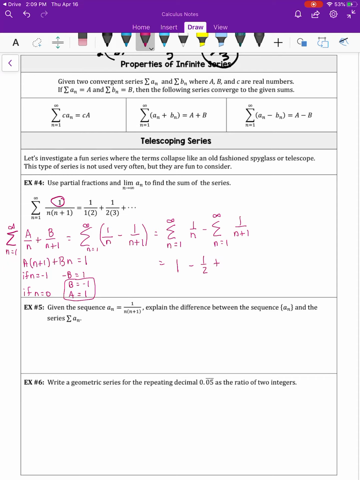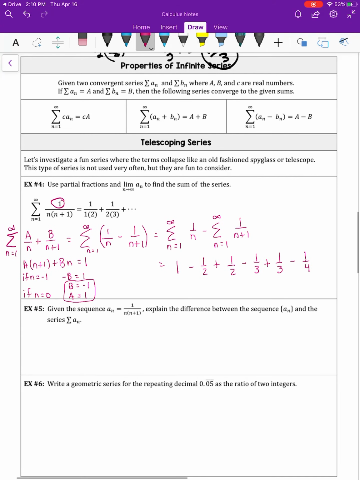So I'm going to look at this: this would be 1 minus, and then this one would be, when I put a 1 in, 1/2, and then plus, I've got 1/2 for the first one, minus, and then when I put a 2 in here, I get 1/3, plus, and then I do the first one with 3, 1/3, minus, the next one would be 1/4, okay?